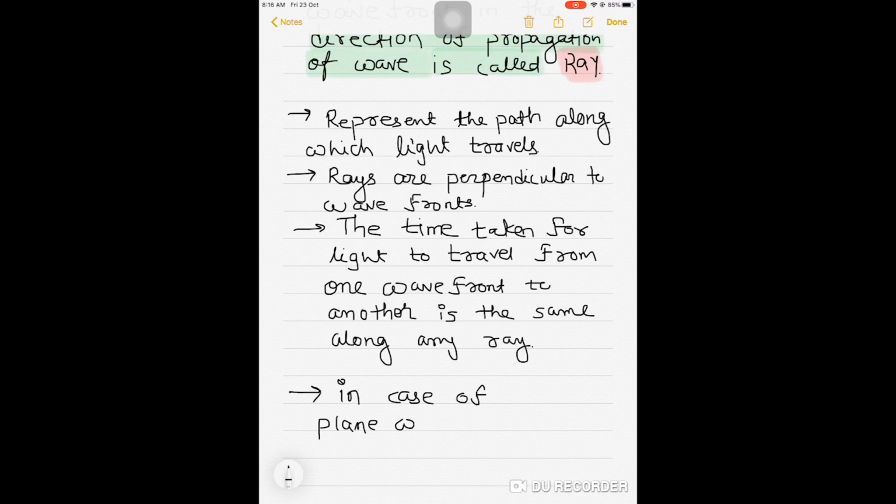A second thing is that a group of parallel rays is called a beam of light.